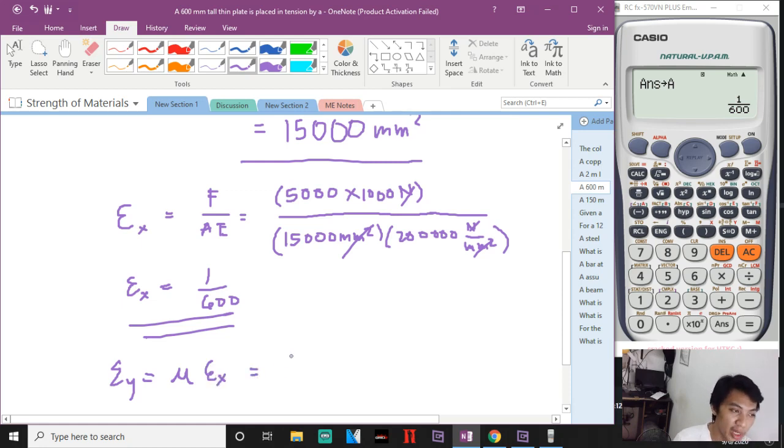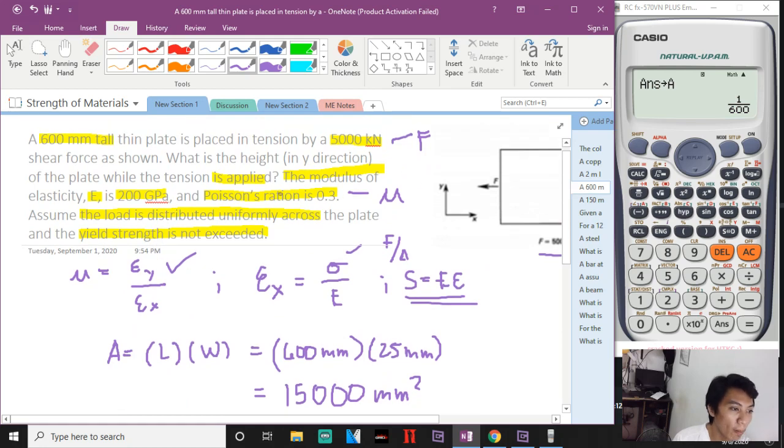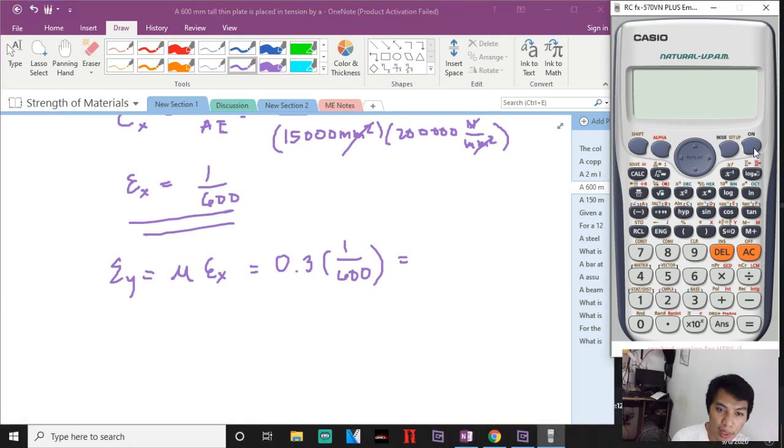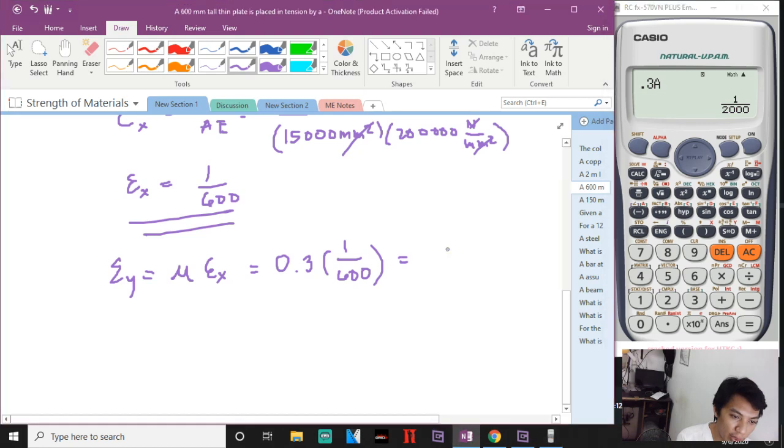So, the Poisson ratio given is 0.3. 0.3 times 1 over 600. Now, what will be your lateral strain? Okay, that will be 0.3 times A. 1 over 2,000. Yung lateral strain.